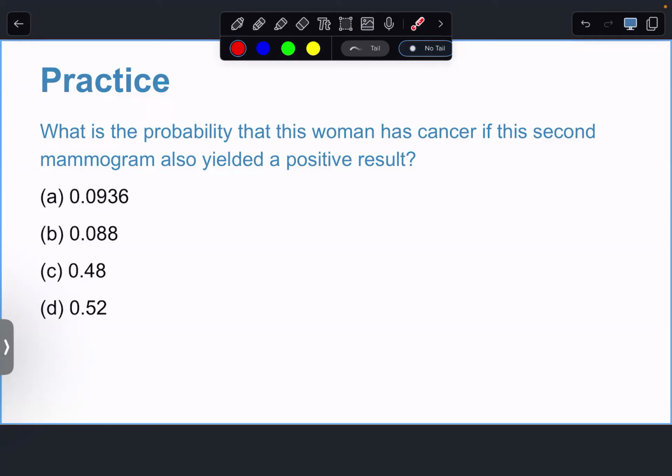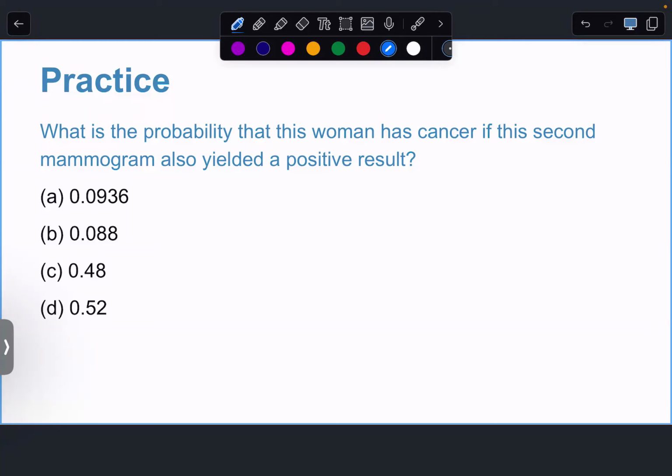How about this one? What's the probability that this woman has cancer if the second mammogram also yields a positive result? We're going to need to make a new tree, right?